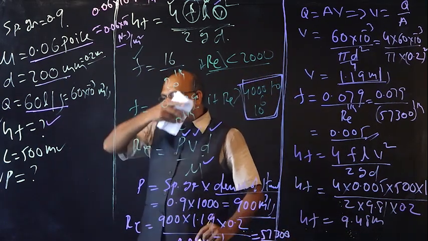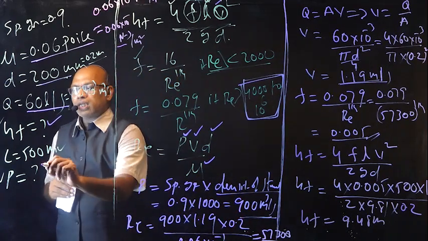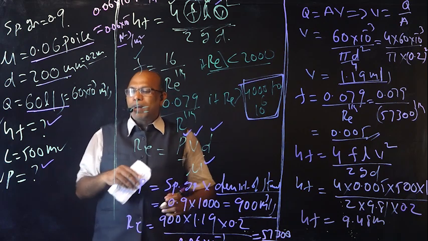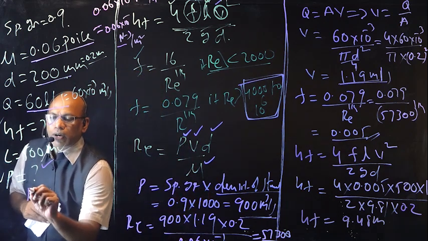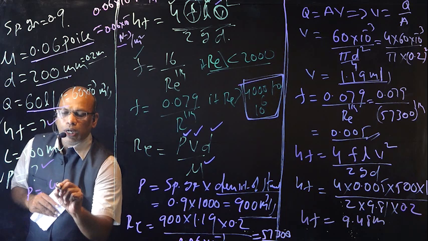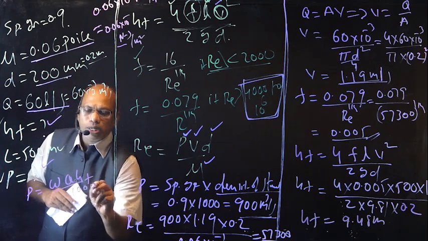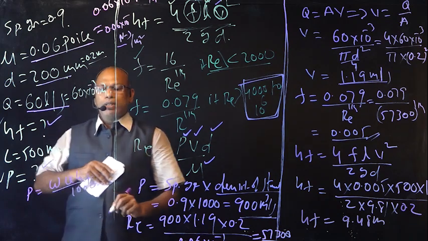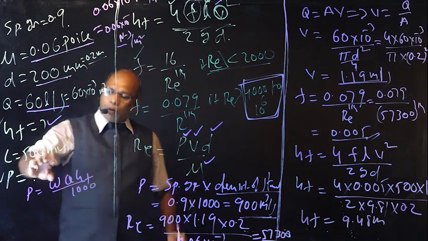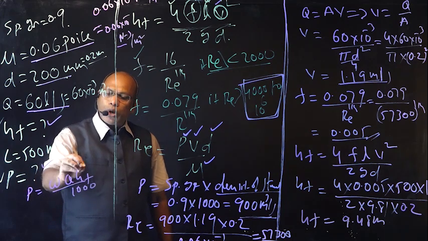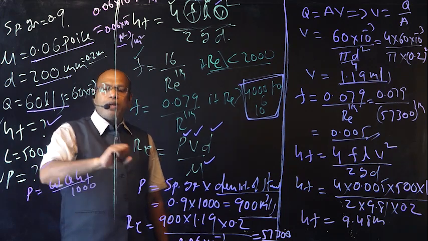And one more question they have asked, that is, what is the power required? The power required formula is: power is equal to W Q hf divided by 1000 kilowatts.